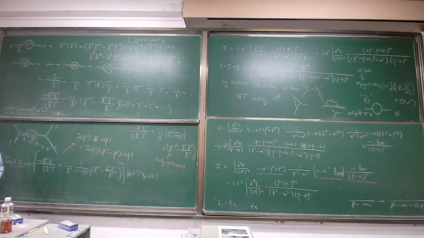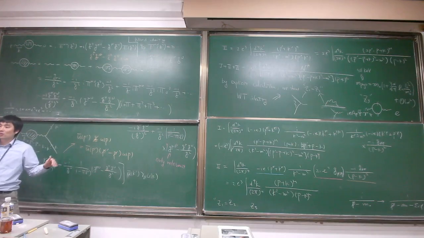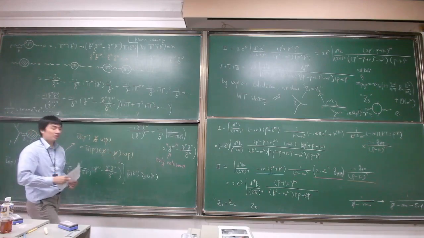Using the Dirac equation solutions, this just gives you m minus m, which is equal to 0.